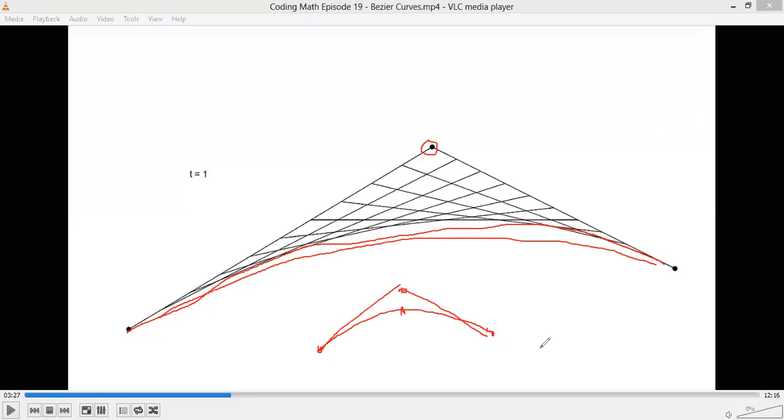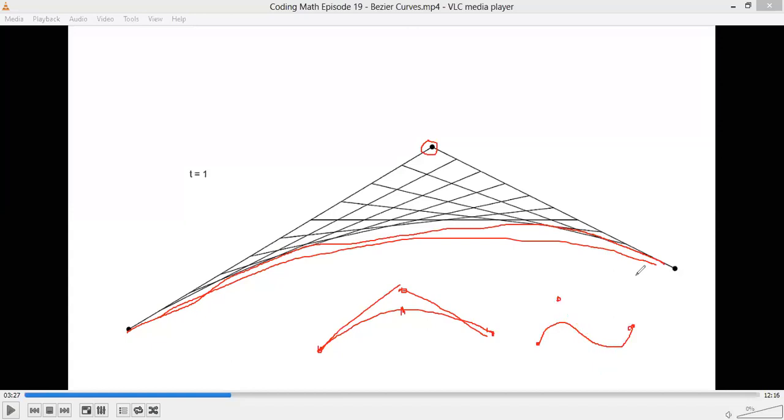Now if I need a curve like this, then 3 points is not enough. I need a starting point for the curve, I need an ending point for the curve, and I need another point over here, and probably another point over here.